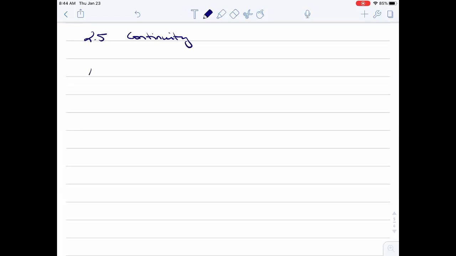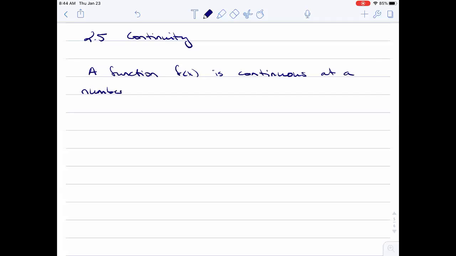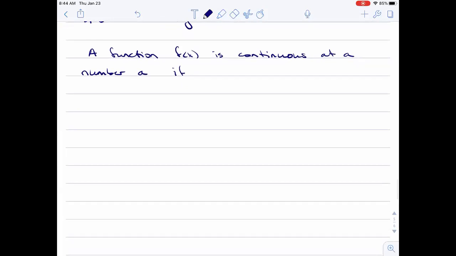So a function f of x is continuous at a number a if the limit as x approaches a of f of x is equal to f of a, right?